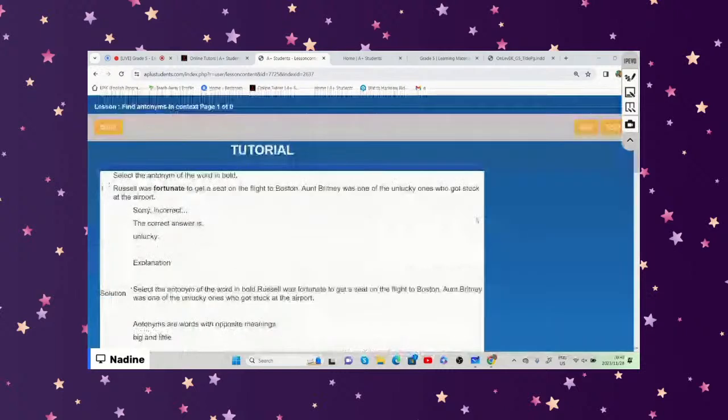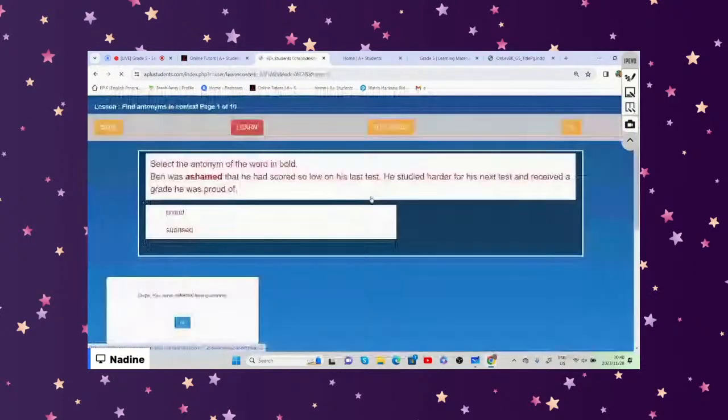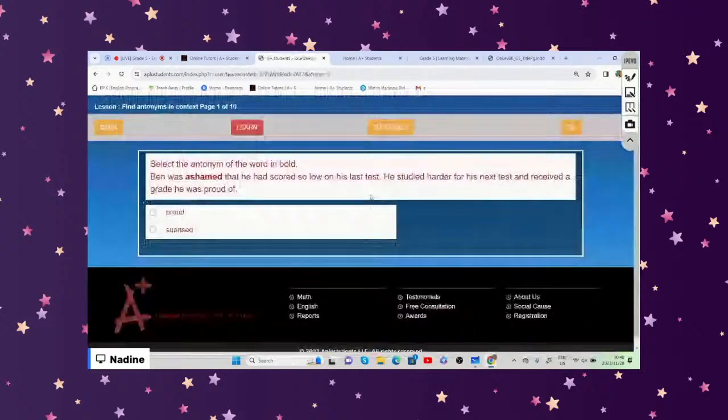All right, so now we're going on to our test. So we need to find antonyms in context. And we need to select the antonyms of the word in bold. Ben was ashamed that he had scored so low on his last test.